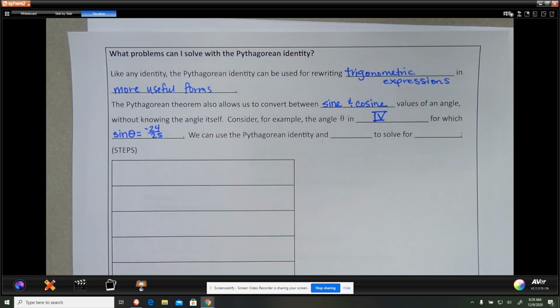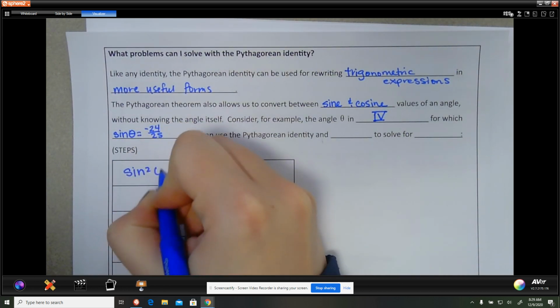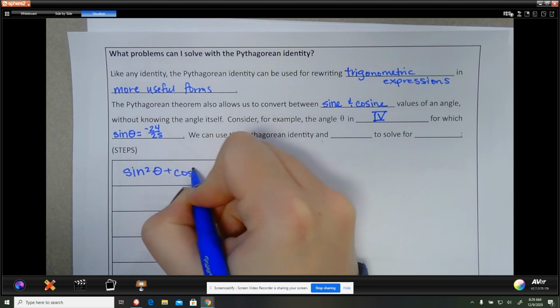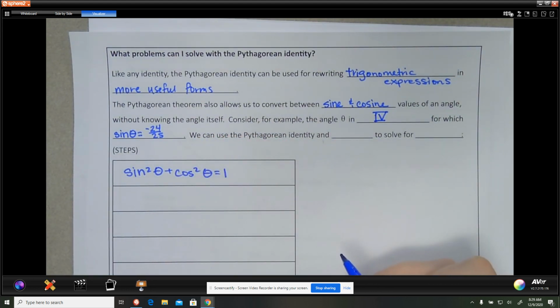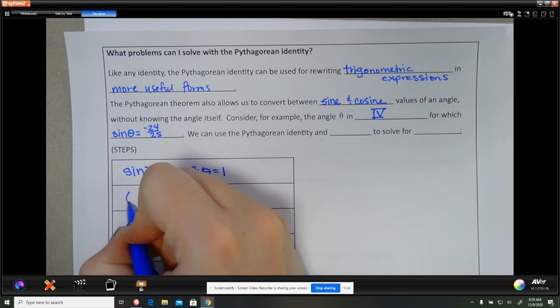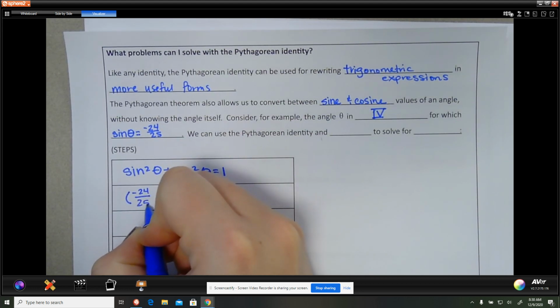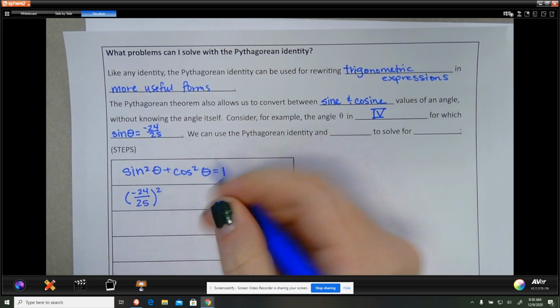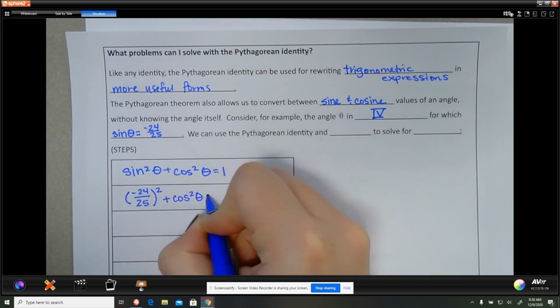So step 1, let's start with our identity. That is sine squared theta plus cosine squared theta equals 1. All right, so now we substitute in sine squared theta. So sine of theta is negative 24 over 25, and it's squared, plus cosine squared theta equals 1.